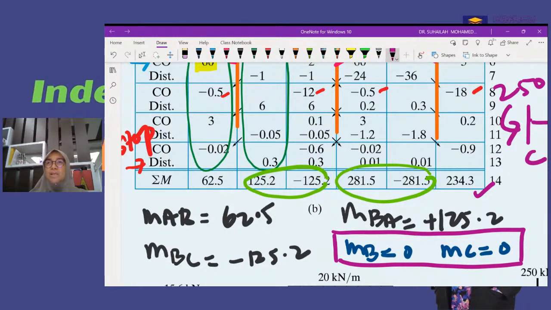But when we separate it as BA and BC, it will have moment. When we combine them, we get 0 moment.